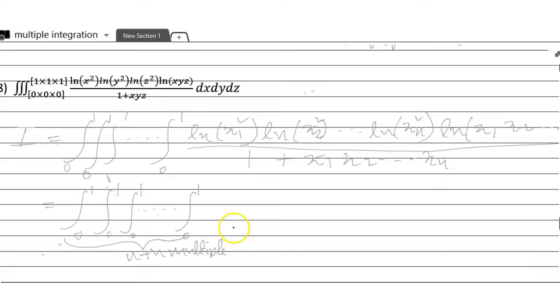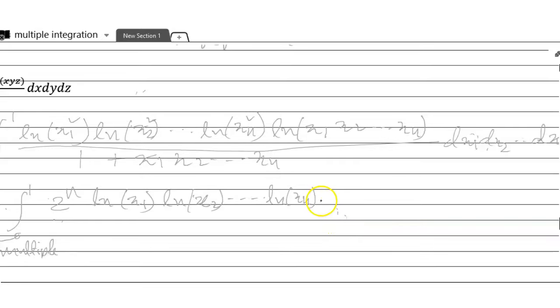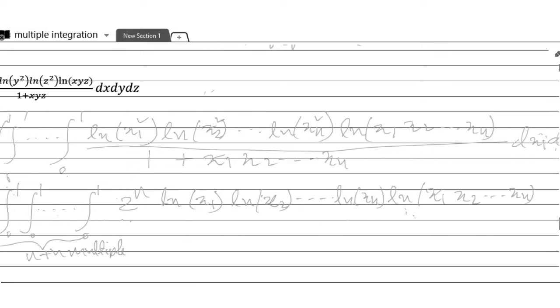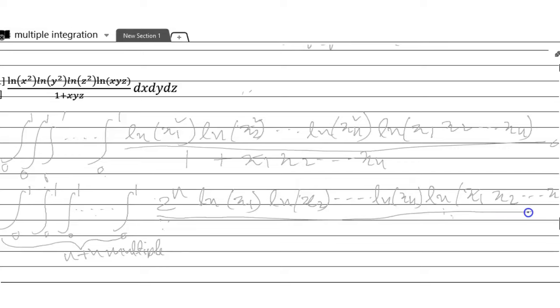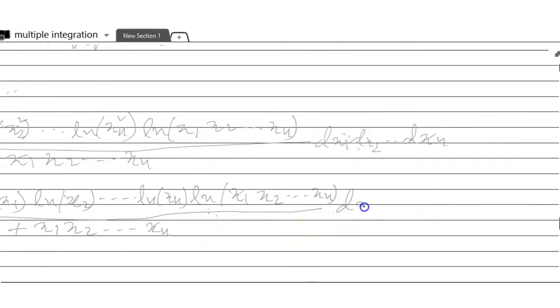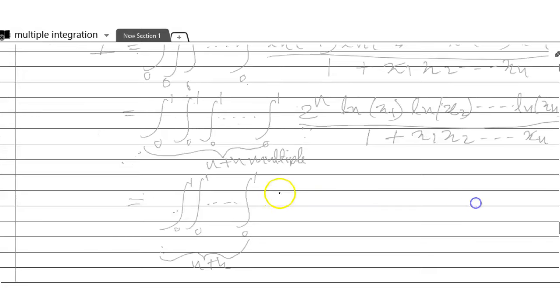So friends, I equals 2 to the power n, ln x1, ln x2 up to ln xn, over 1 plus x1 x2 up to xn, dx1 dx2 up to dxn, nth multiple integral, and 2 to the power n I will take outside.